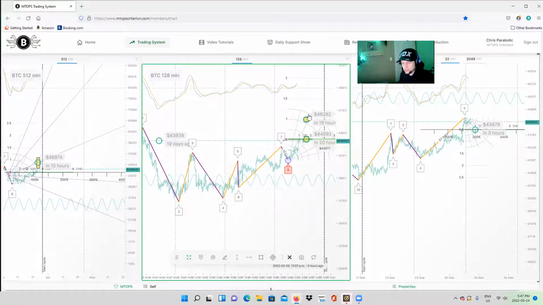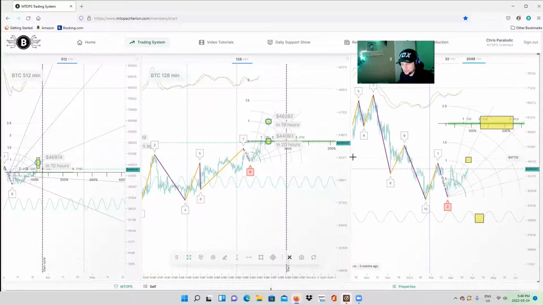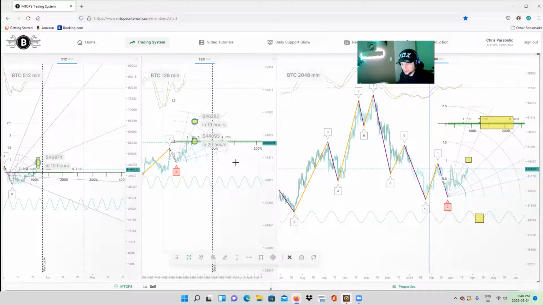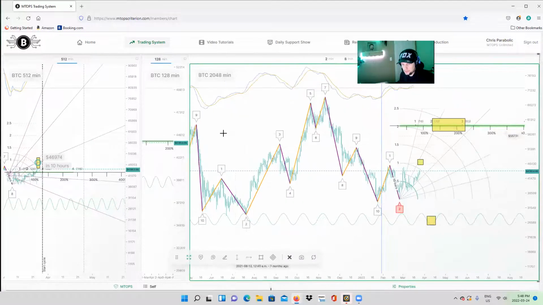So when I give certain high points and certain signals, especially on Bitcoin, again, it's your job to take some profit. And if we look at the 2048, we're going to take a look at this particular cycle that I'm looking at. Okay.